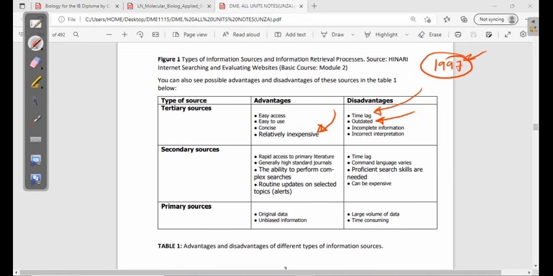For example, some books in earlier times could have said there's no cure for such a disease, but now medicine has been discovered for it. So you find that the information is out of date.